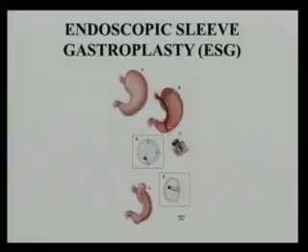So we have a procedure called endoscopic sleeve gastroplasty, ESG. The same idea came from the sleeve gastrectomy, however, using OverStitch, which is an instrument that you can take into the stomach to decrease the volume of the stomach.